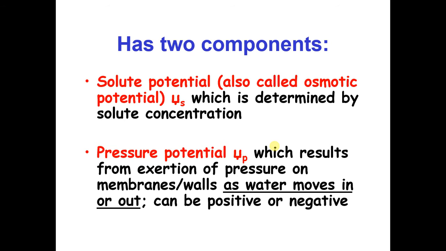Or if you're blowing up a balloon and your friend comes by and squeezes it in your face, that's another good analogy for the pressure potential, psi sub p. Both of these things together make up the psi sub w, or your water potential, that number that tells you where water is going to want to go.